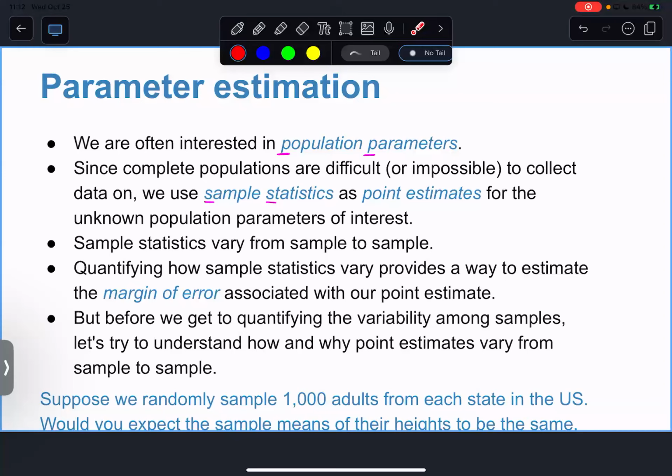And what's nice is we don't need to. So we use these sample statistics as point estimates. That's my best guess at what the population proportion is. So here, the point estimate is my best guess for the unknown population parameters of interest.